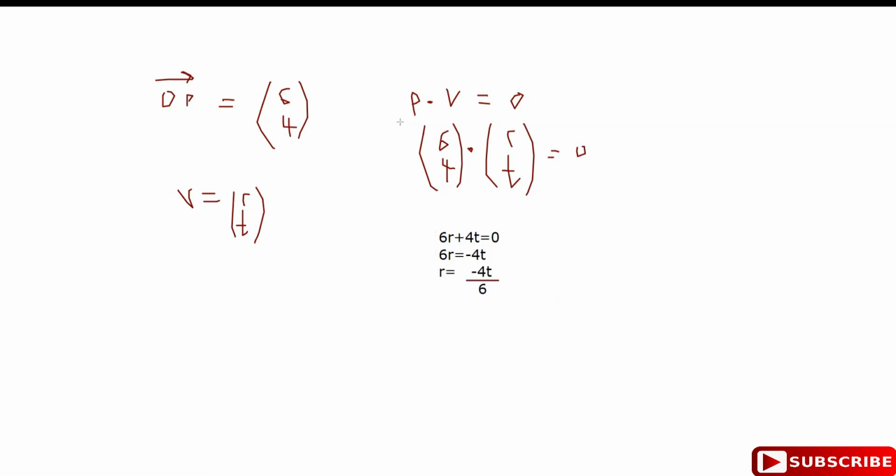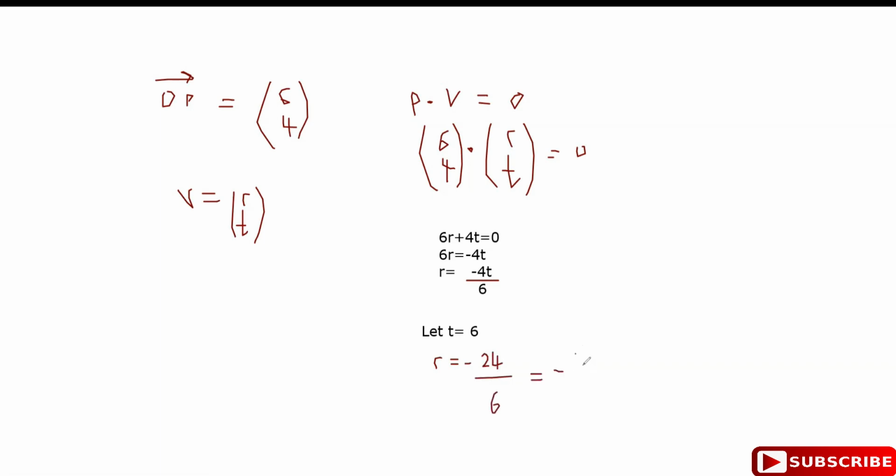So let's choose T equal to 6, for example. If T equals 6, then R would be equal to minus 4 times 6, which is minus 24, over 6, which is negative 4.